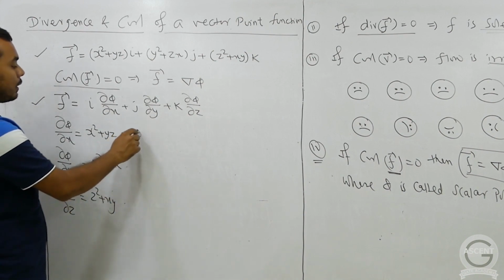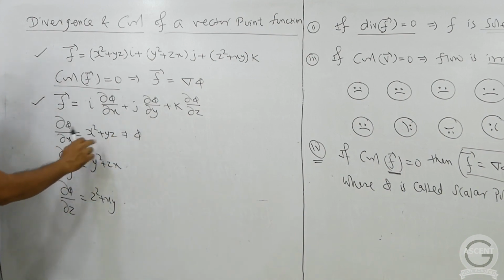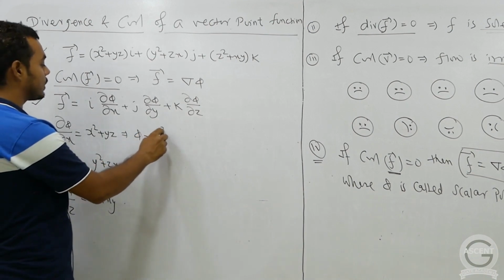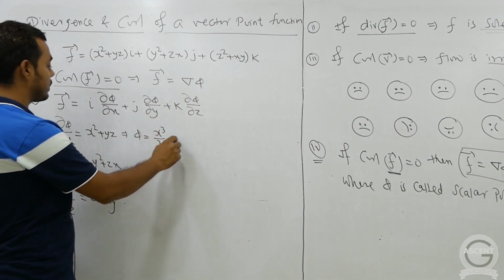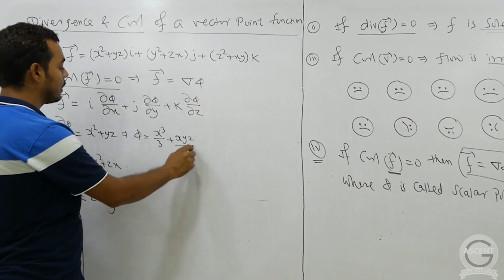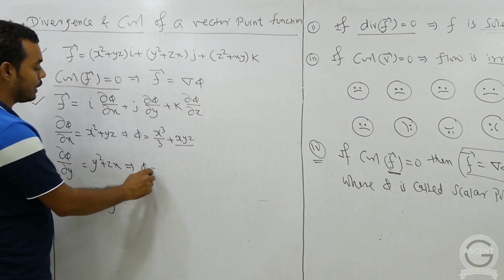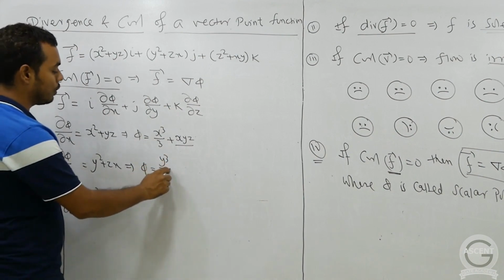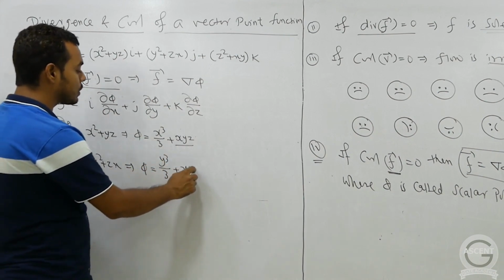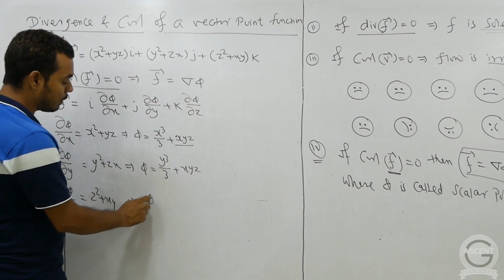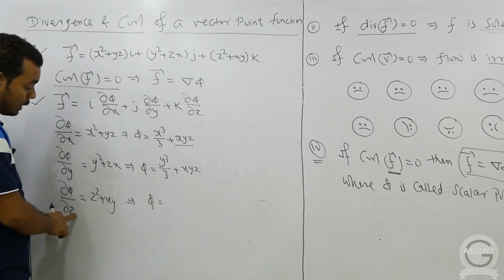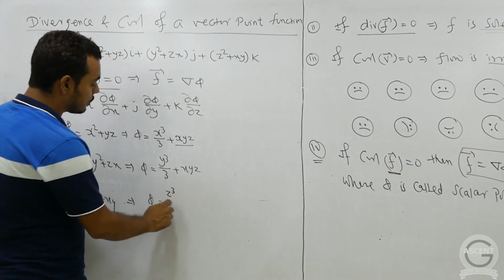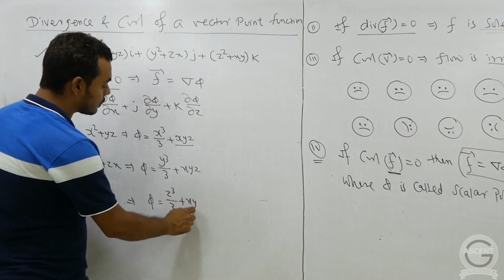Now if you integrate with respect to x, then phi should be x cube by 3 plus xyz. From here you will get phi equals, integrating with respect to y, y cube by 3 plus xyz. From here you will get phi equals, integrating with respect to z, z cube by 3 plus xyz.